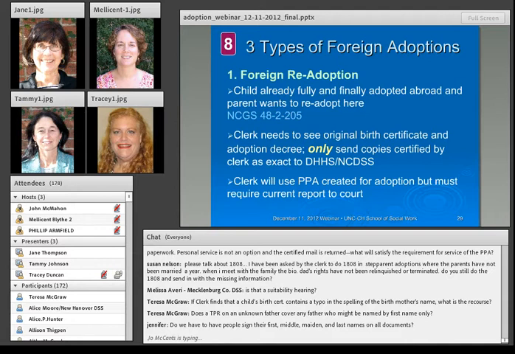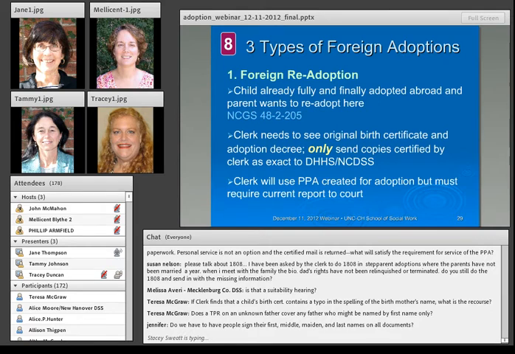So they will really appreciate it if you will make a copy of those, certify that copy as exact, and send those certified copies to Tammy's office and allow them to have the original birth certificate and adoption decree back.